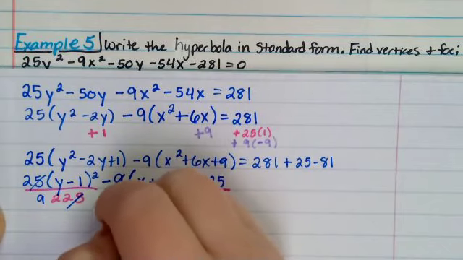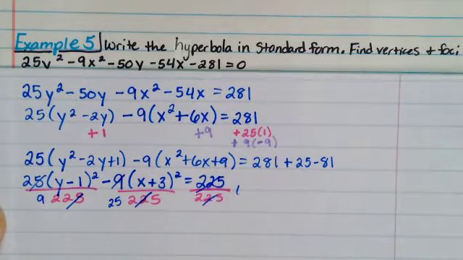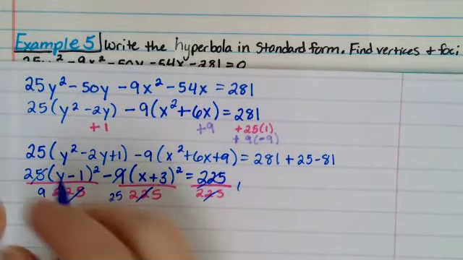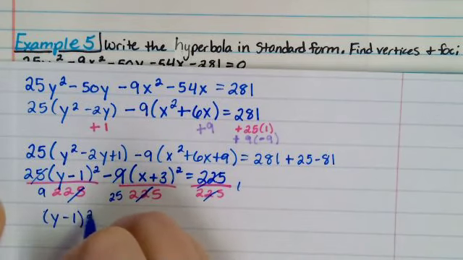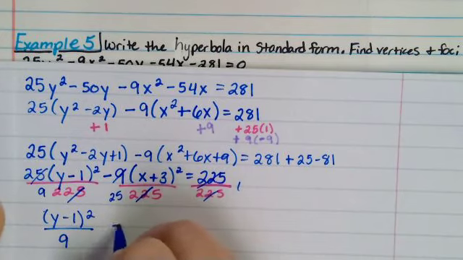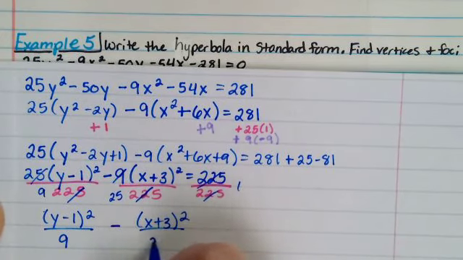Simplify, leave me with a 25 down there. That's kind of trading places, huh? That'll leave me with a 1 on that side. So when I simplify this and write it out nicely, the equation, writing this in standard form, we're looking at (y minus 1) squared over 9 minus (x plus 3) squared over 25 equals 1.